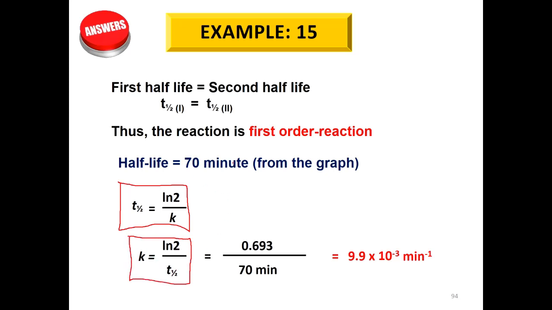The t half for this reaction is 70 minutes. So you have to divide by 70 minutes. And finally you will get the value of k is 9.9 times 10 to the power of negative 3 minute negative 1.